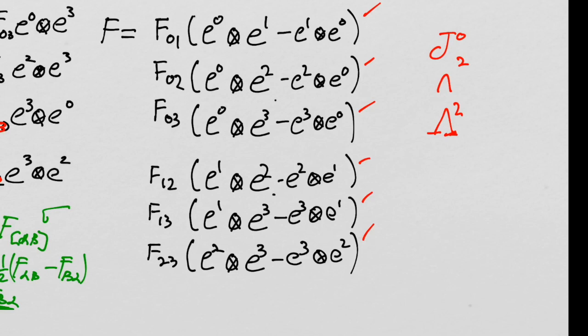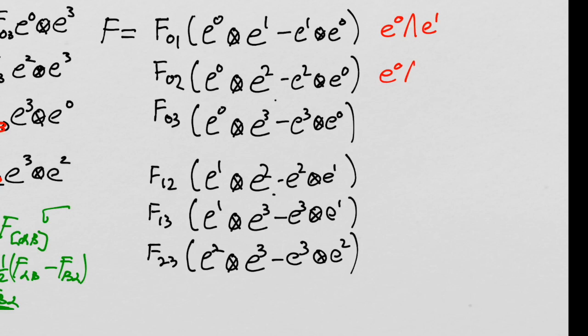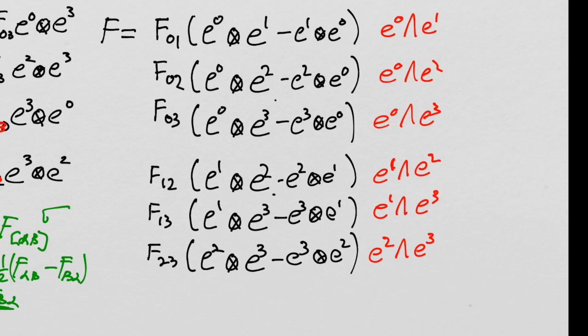And now, in order to make this a little easier, I'm going to rename all of these basis vectors and give it a simple single symbol to represent each basis vector, and that symbol will be E0 wedge E1, E0 wedge E2, E0 wedge E3, and so forth.